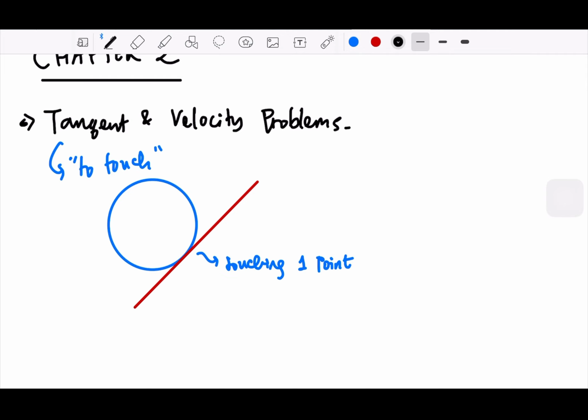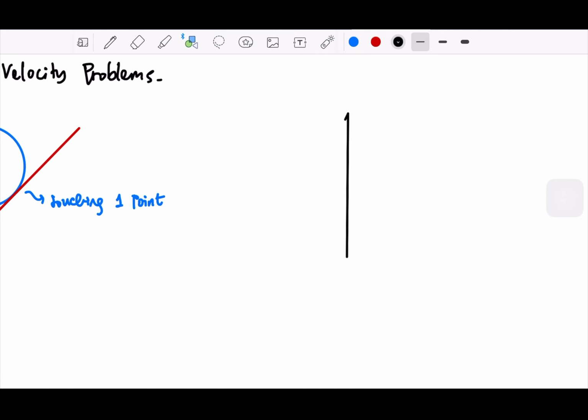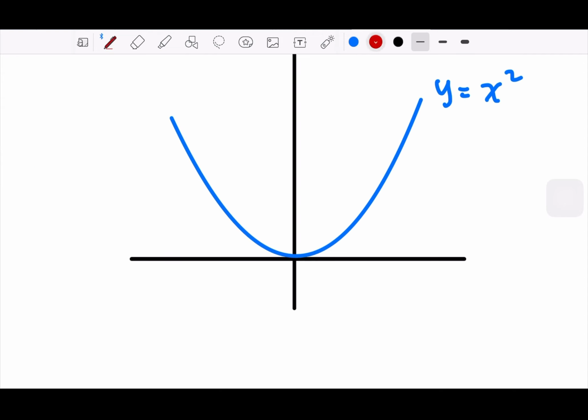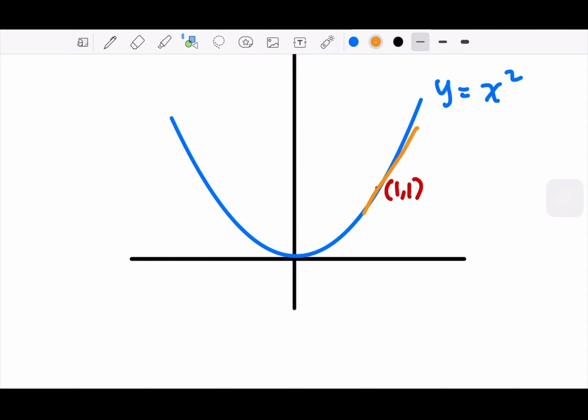Now, let's use the simple parabola, our usual y equals x squared. Let's say at the point 1, 1, we have some tangent.